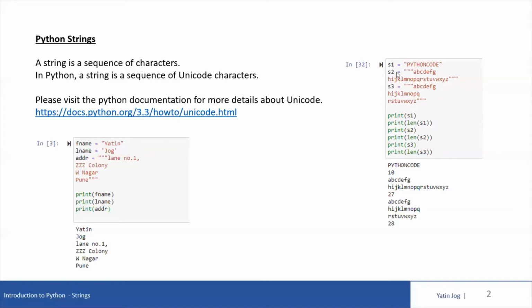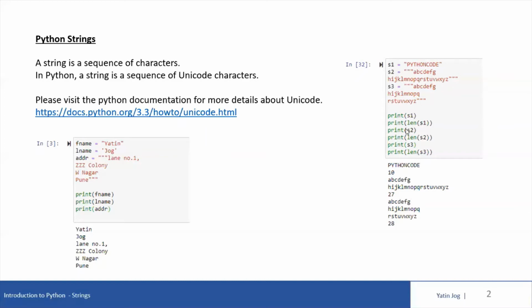Now if you look at the output, my S1 string's value is Python code. So how many characters do we have? 1, 2, 3, 4, 5, 6, 7, 8, 9, and 10. So if I print S1 and if I print length of S1, it is printing the value as 10. Simple.